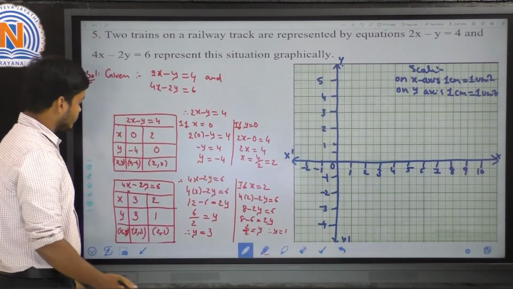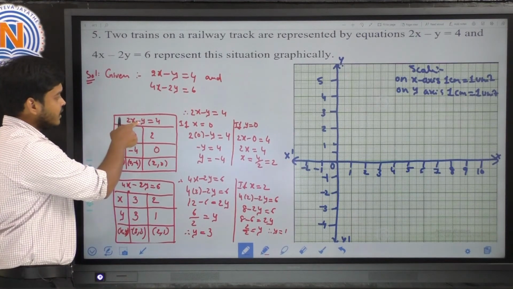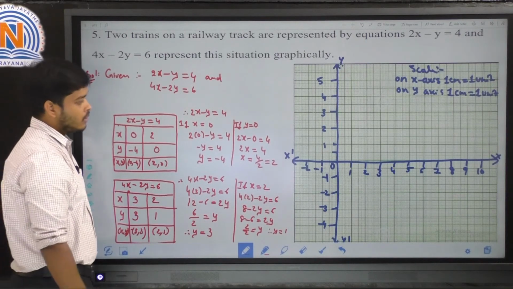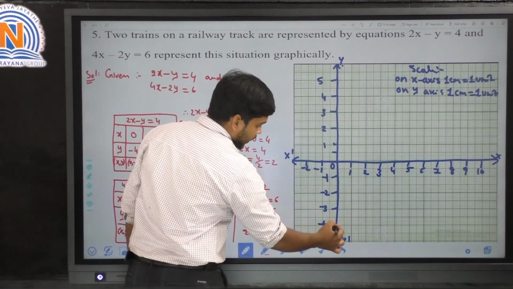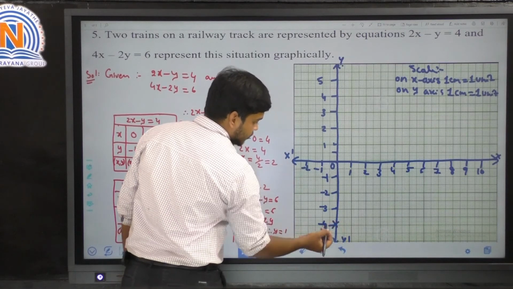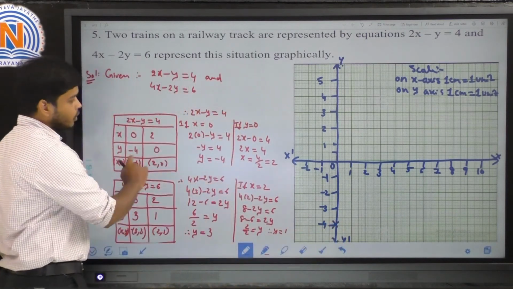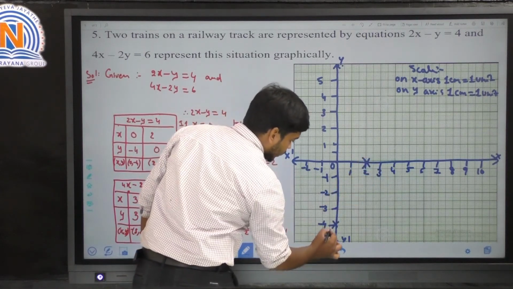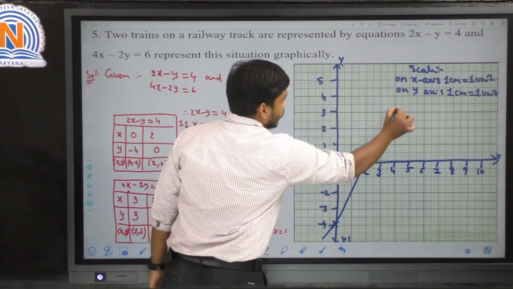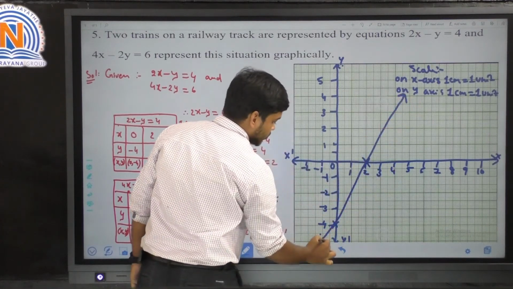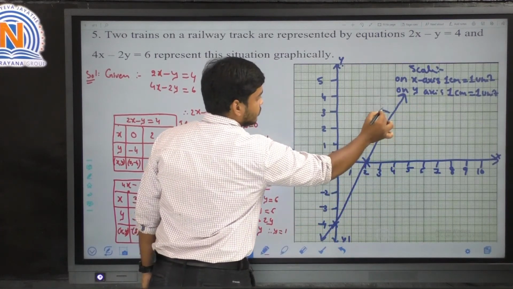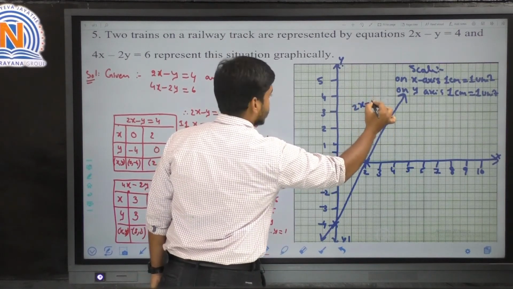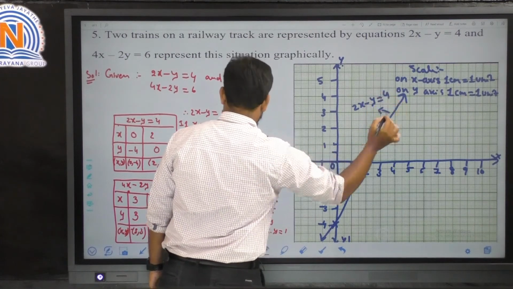Now I am plotting the graph for 2x minus y is equal to 4. So the coordinate points are 0, -4, and next one is 2, 0. Draw a line along these two points. So now this is for 2x minus y is equal to 4.